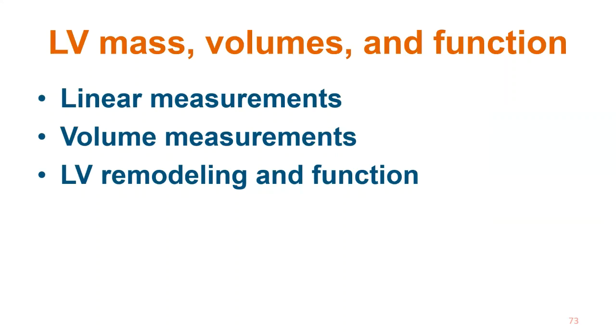Now, we've talked about left ventricular hypertrophy, and I mentioned earlier that the definition of left ventricular hypertrophy was an abnormal increase in the amount of left ventricular mass indexed to body surface area.